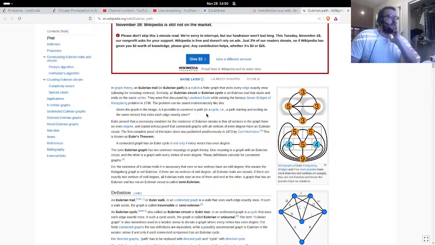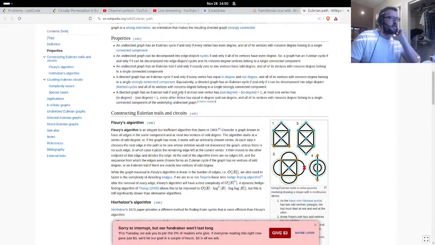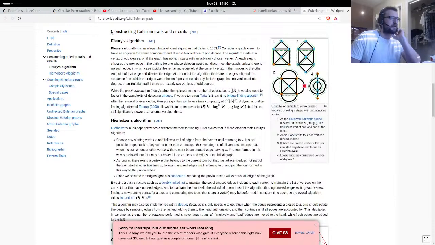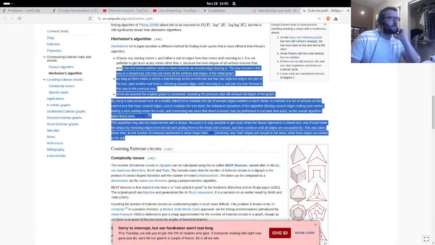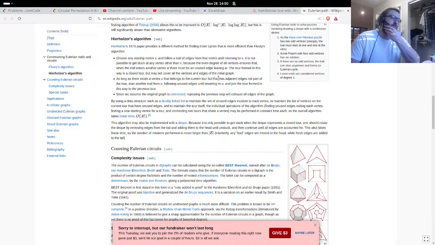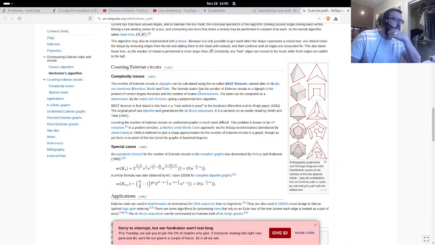So the thing about Euler paths and Hamiltonian paths is that they are in general, so I think, what is it? Eulerian trails and circuits, Hierholzer's algorithm could be done, I think, in linear time, right? Yeah, this is kind of an interesting question or solution. You can calculate how many there are.